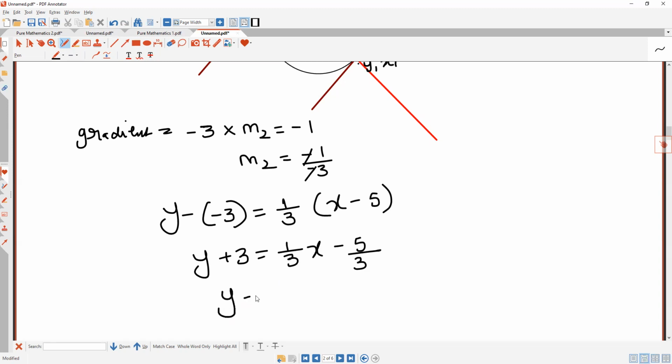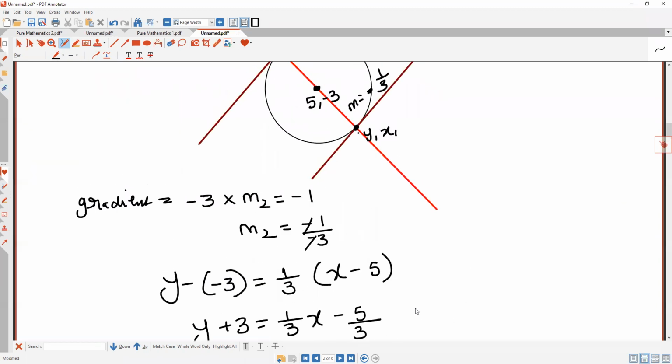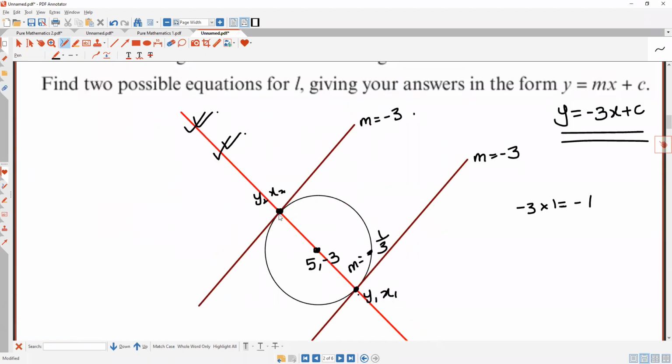Take this to the other side. -5/3 - 3, check that, everyone. It is -14/3. Okay, does everyone understand? So this is the equation of the red line: y = 1/3 x - 14/3.